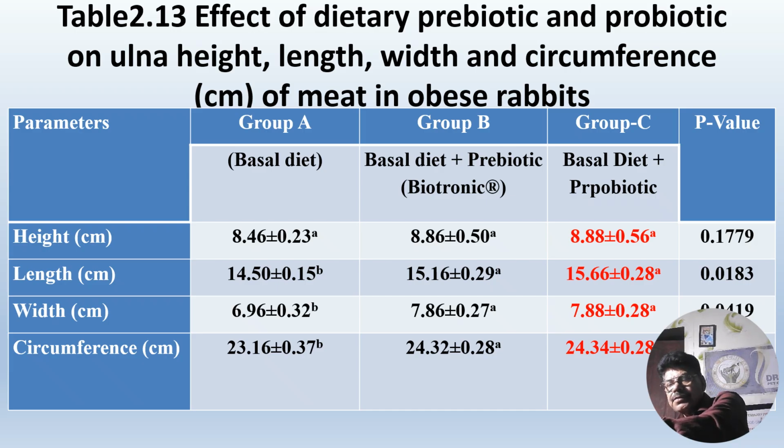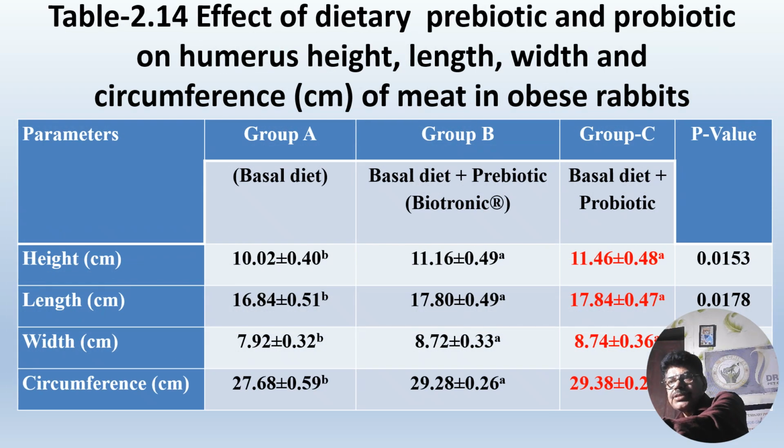The height, length, and width circumferences were higher in the basal diet. So, in the obese rabbits, the humerus height, length, and width and circumferences were significantly higher than other groups.